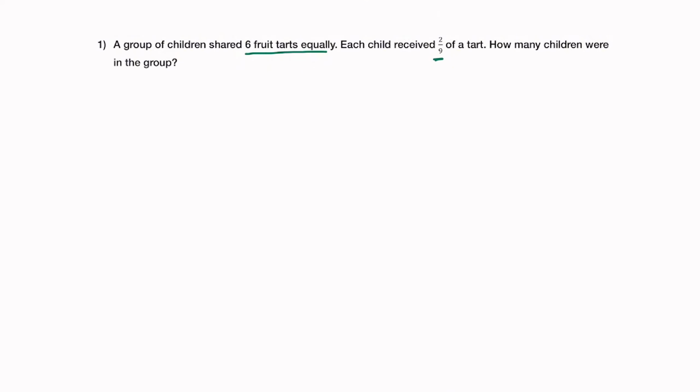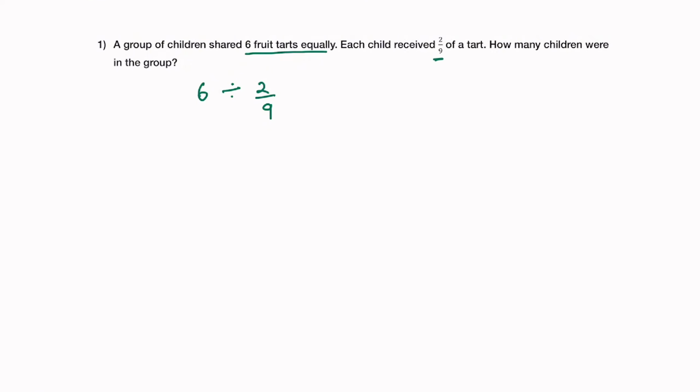Well, reading the question, equally tells us that a group of children shared six. What is shared? Six, right? So we write six first. And it's shared, so it is divided by. And it says each child received 2/9. So each one is receiving 2/9.